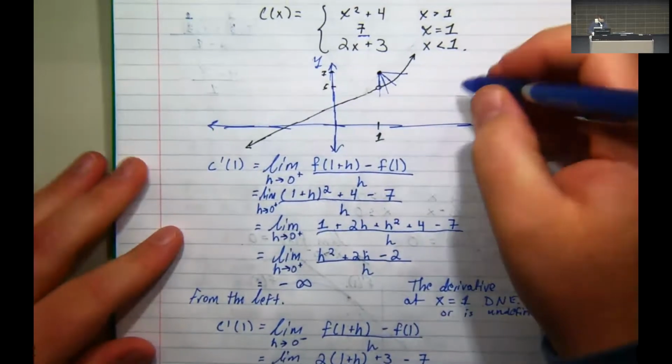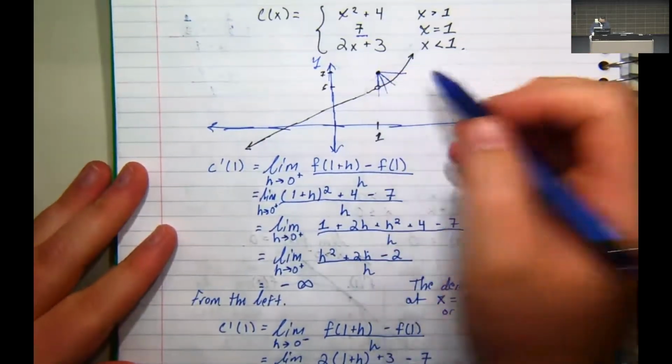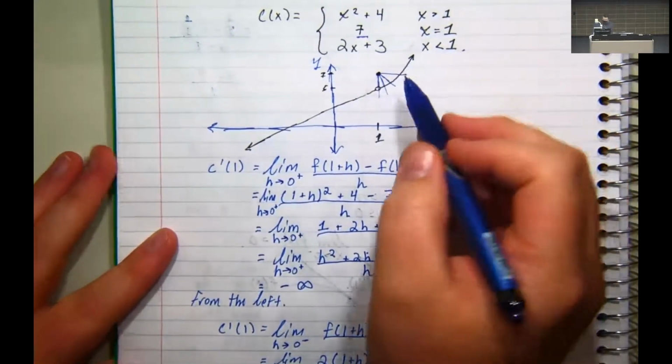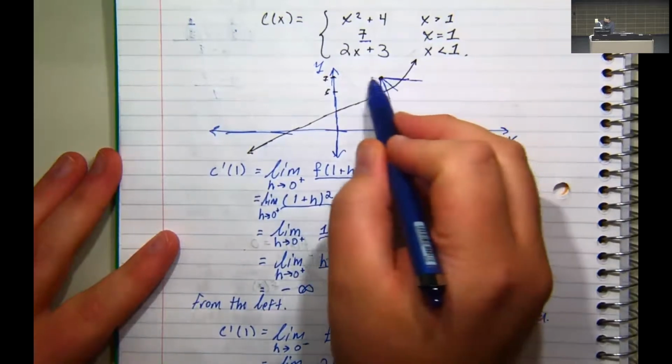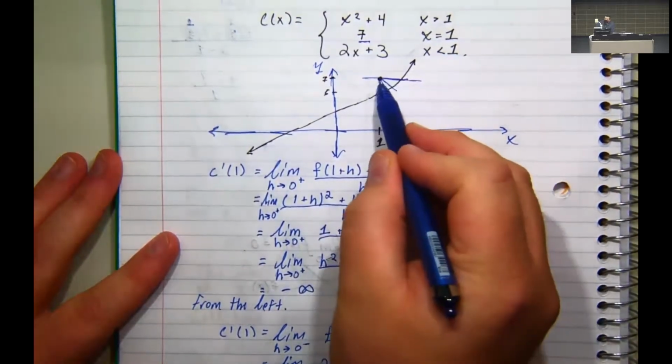So the secant line is the line between 2 points. If we had our secant line here, this would be the slope going from this point to this point.